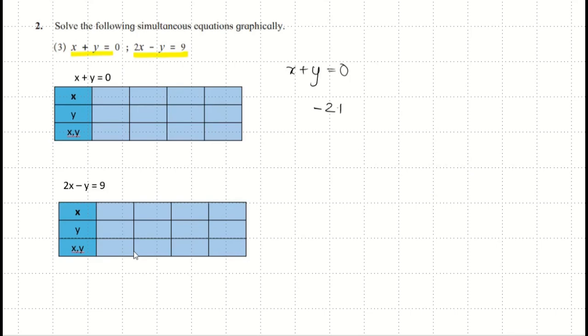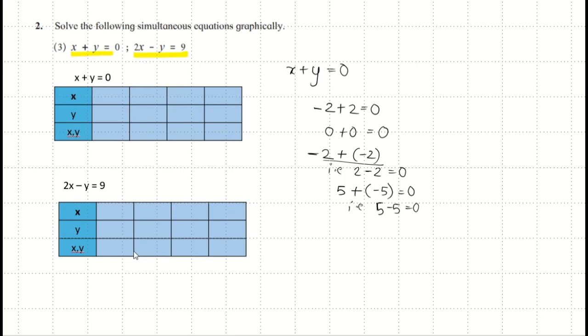minus 2 plus 2 will give us 0. 0 plus 0 will also give us 0. 2 plus minus 2, that is 2 plus into minus is minus 2, is equal to 0. And 5 plus minus 5 similarly is equal to 0. That is 5 minus 5 is equal to 0.